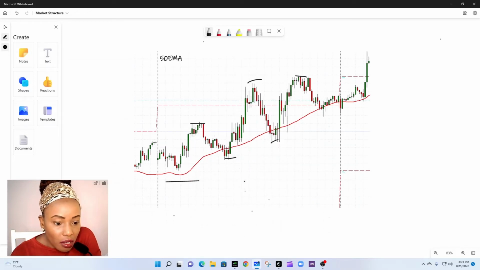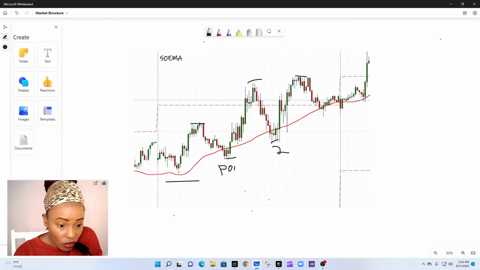So with this EMA, it has enabled us to identify areas where the price is bouncing off our points of interest. So this is our first point of interest. This is our second point of interest, so on and so forth. So what do you do?